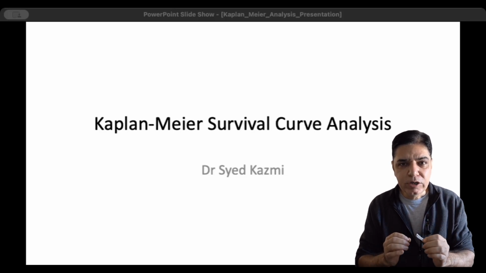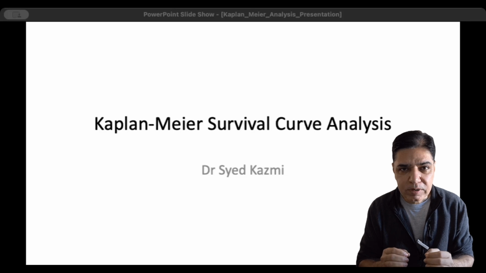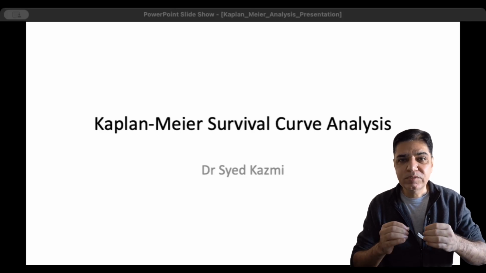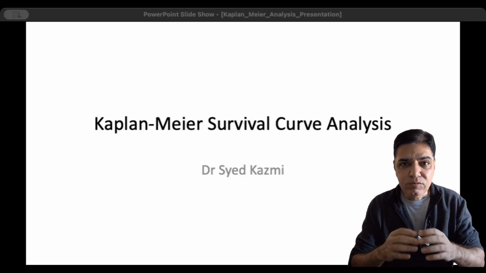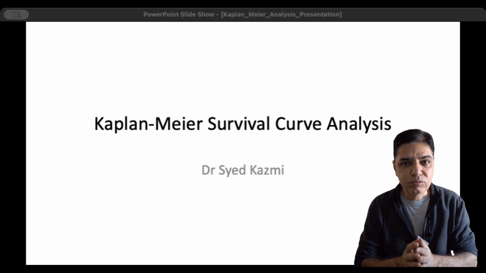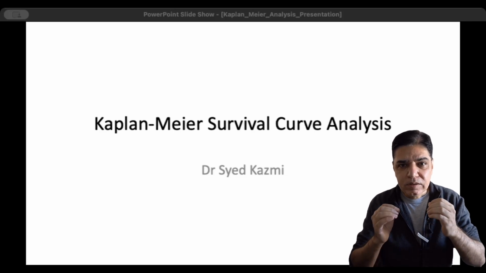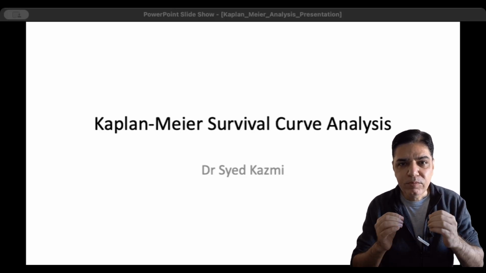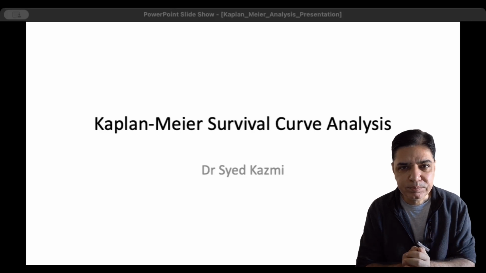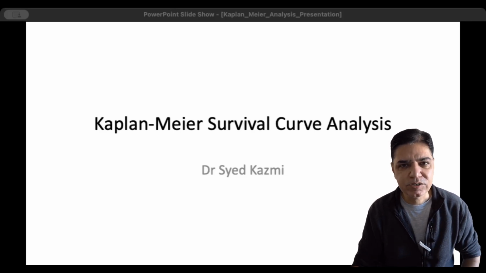And I will try to simplify this whole concept with examples or some research findings from the field of pediatrics that would make you understand this concept in a very simple manner. So let's dive in and get started.